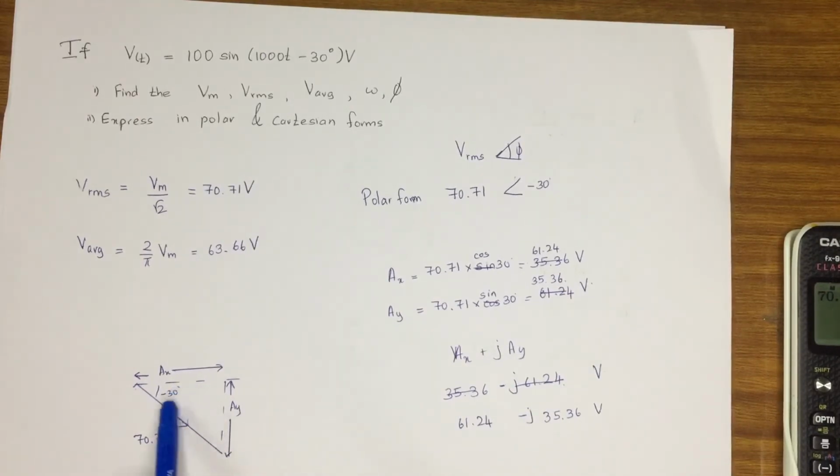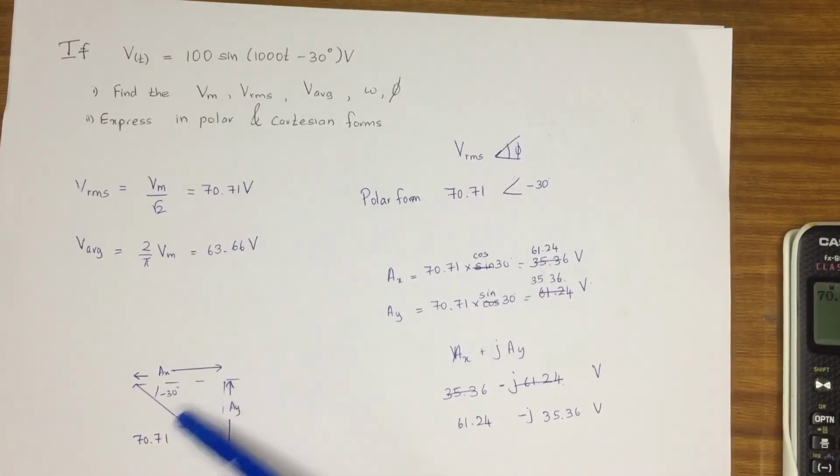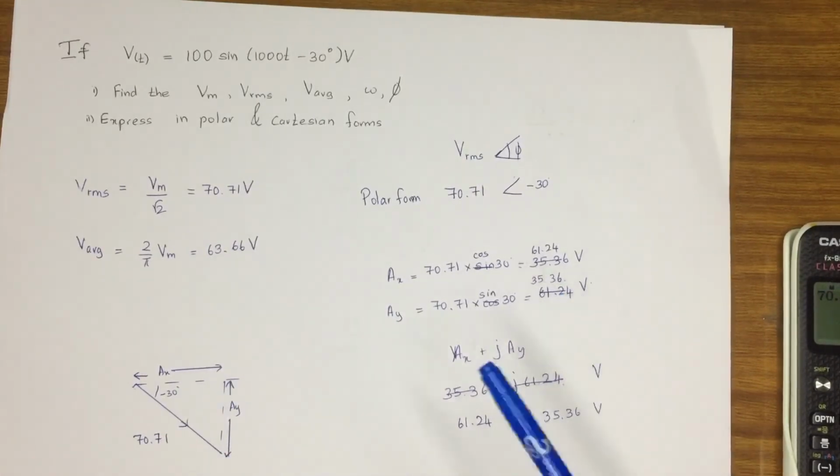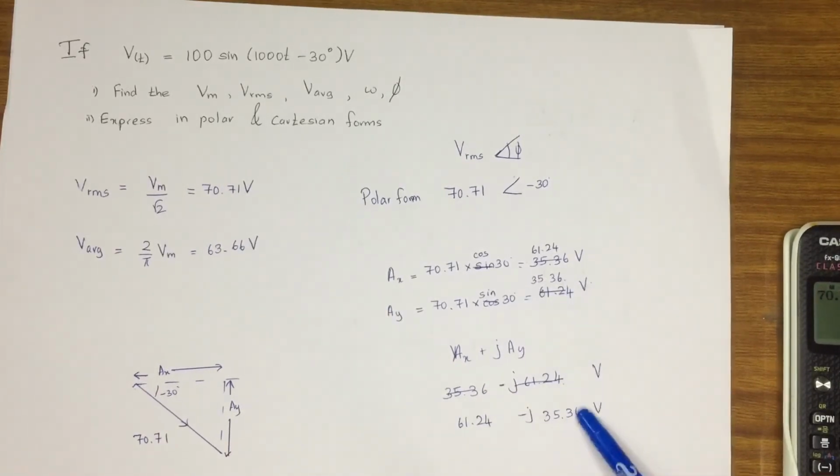If you do so, you are going to get the answer as minus, so you don't need to change this sign again. It's going to be 70.71 into sine minus 30, which will return the AY as minus 35.36, so you don't need to change this plus sign over here.